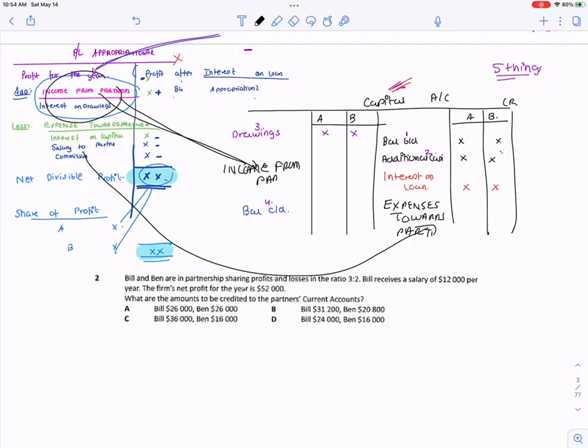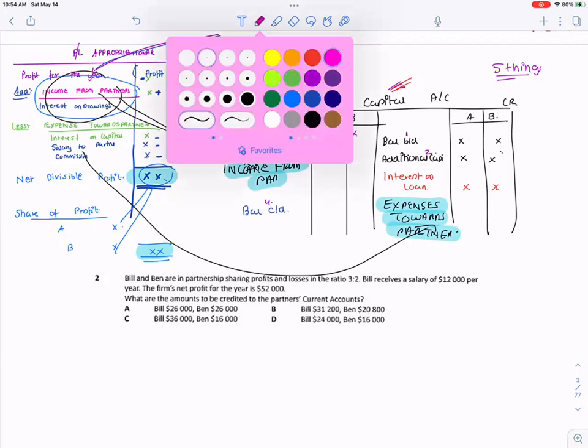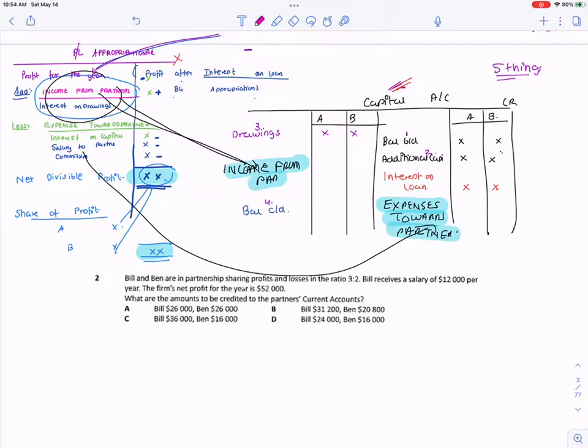Yes. Which side will profit come? Profit will come towards debit side. Share of profit here. Share of loss here.